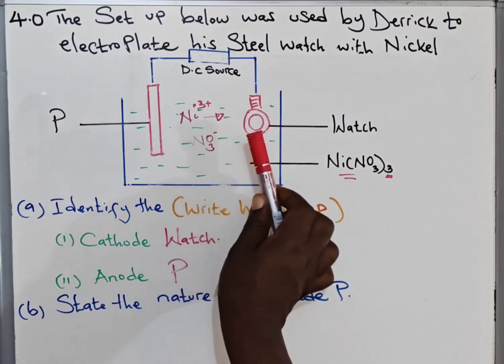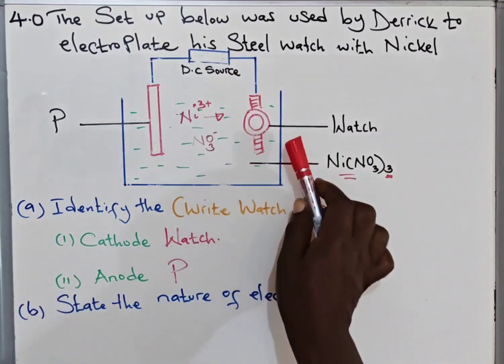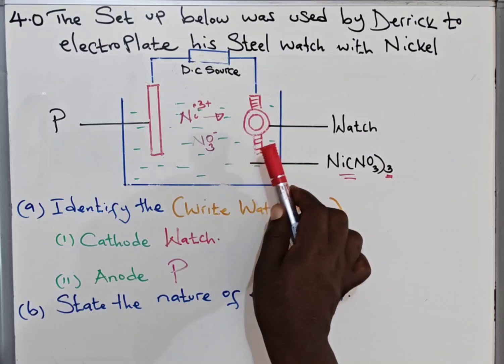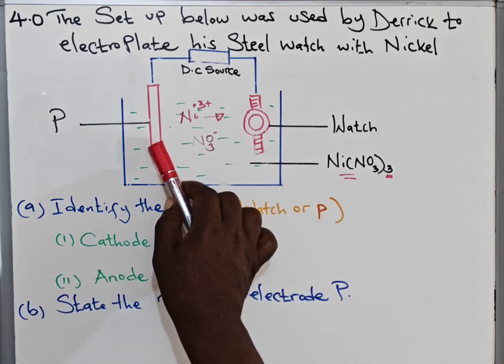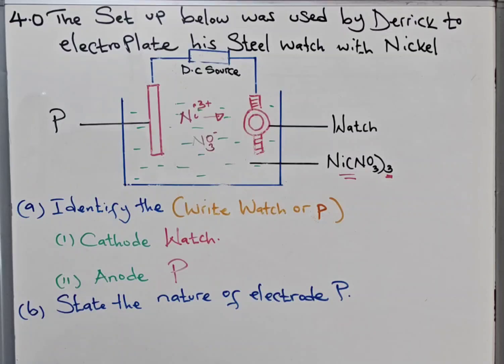So if our intention is to electroplate the watch with nickel, this P must be nickel. Those are the 3 basic principles to consider every time the case of electroplating comes up. So in other words, P is nickel. It's a nickel metal slab.